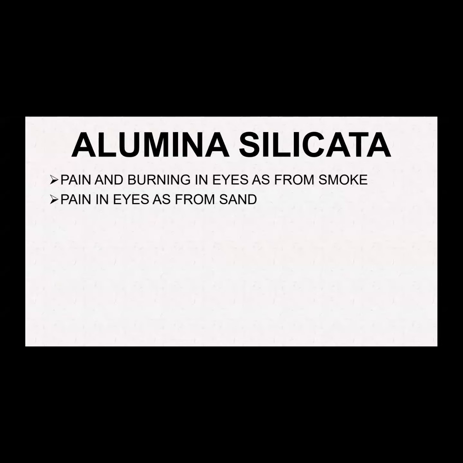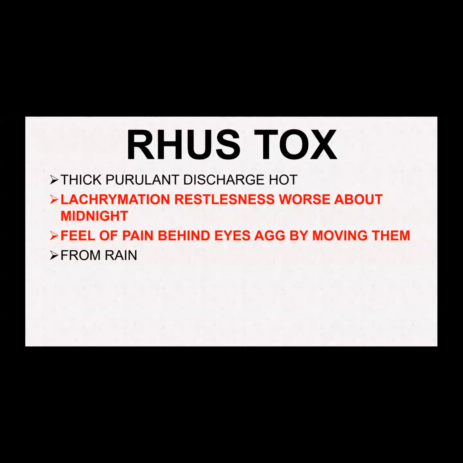Now, as we have talked, if the conjunctivitis has been due to the rain, due to becoming wet from the rain, then we are going to use Rhus tox. The symptoms of Rhus tox are basically thick, purulent, hot discharge.